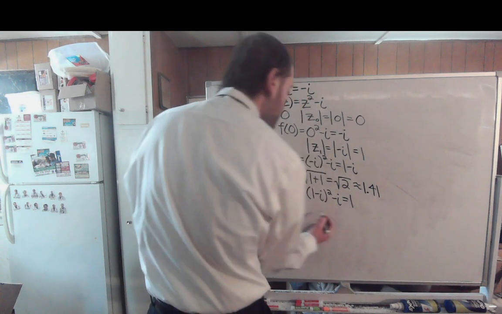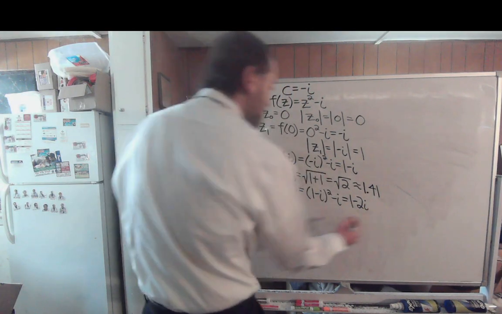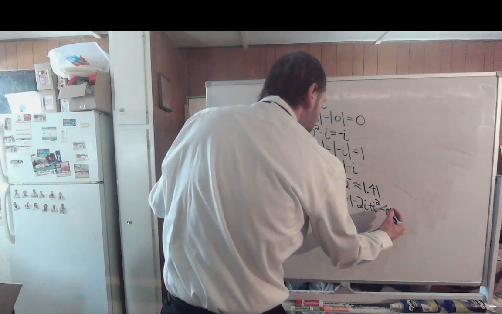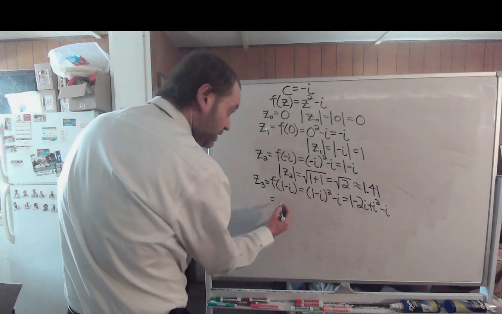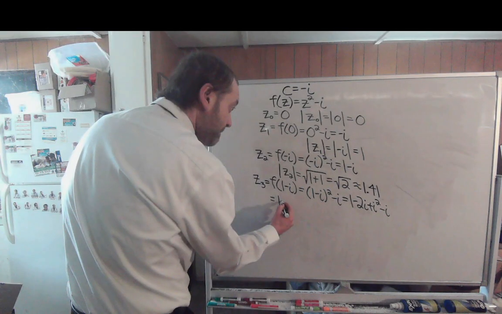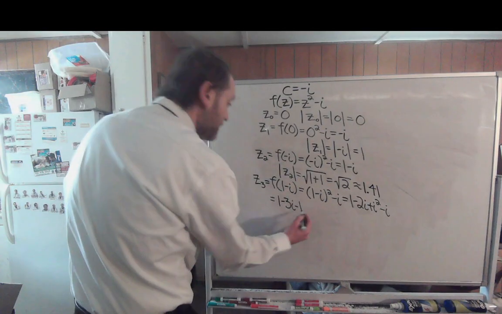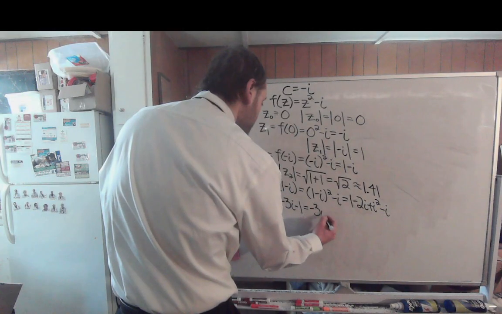You'd have 1 minus 2i plus i squared, all that minus i, which would end up equaling 1 minus 3i minus 1, which would just give you negative 3i.